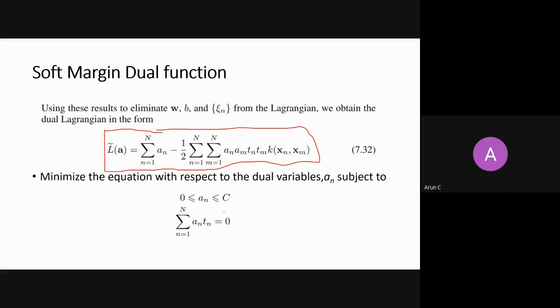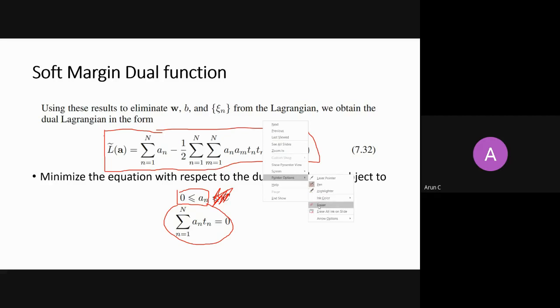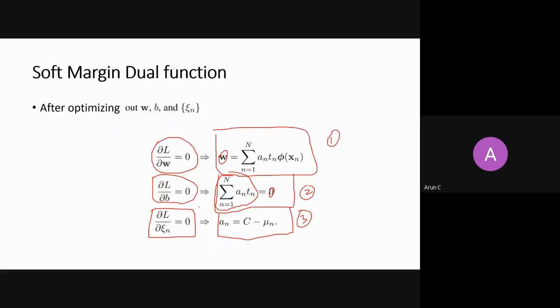There we had only two constraints: A is greater than or equal to 0 in hard margin, and the summation of a_n t_n equals 0. But here A should be greater than or equal to 0 and also less than or equal to C. Where did it come from?